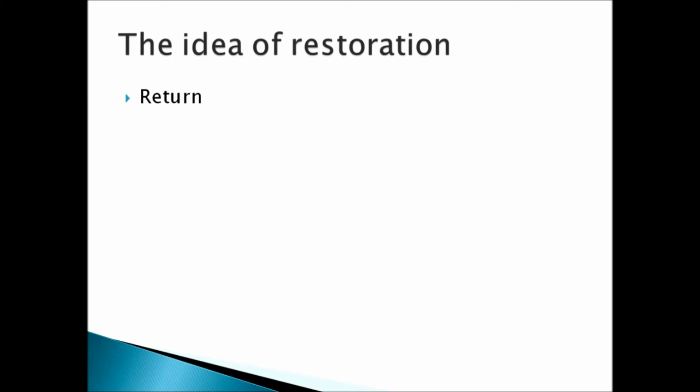Restoration suggests that something has taken place that has moved, in this case a religious group or religious movement, away from the original intent of the founder or God or whatever. We're talking very generic terms at this point. So restoration, of course, suggests that there is a need to go back to the origin, to the first group, to the first principles, to the way in which it was originally established.